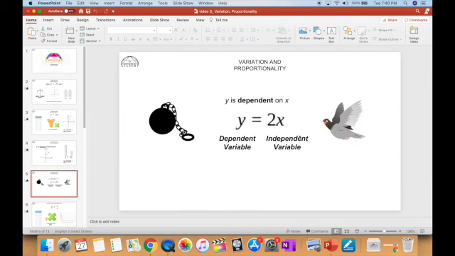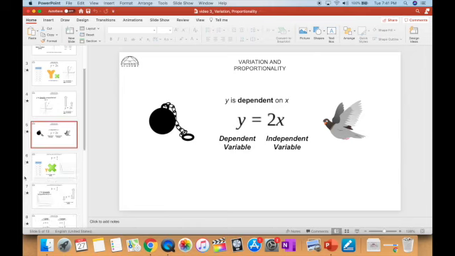We spoke about dependent and independent variables, where we said that x is the independent variable. X could be anything, and y is always dependent on what x is.